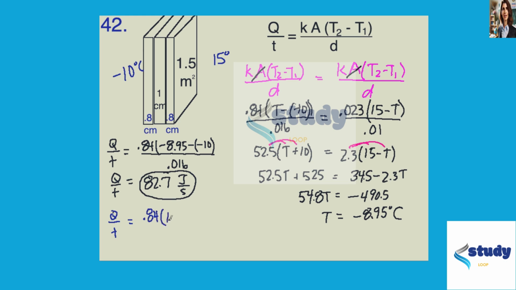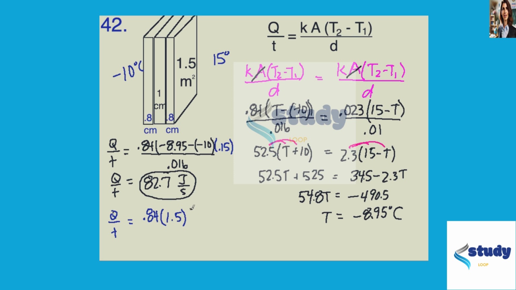My area is 1.5. Oh, I didn't show that up here. I did have to include the area here. So to get this value, I did have to multiply this up. It didn't cancel. I had it on both sides before, so I could cancel, but here I could not.